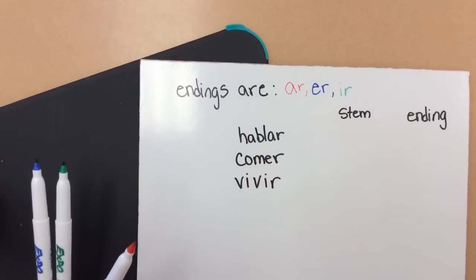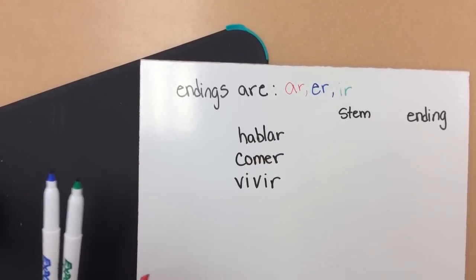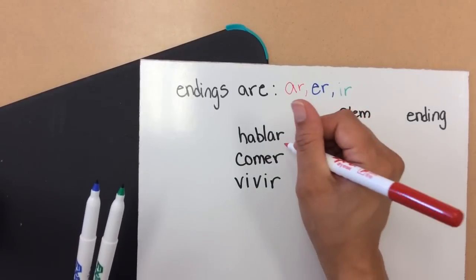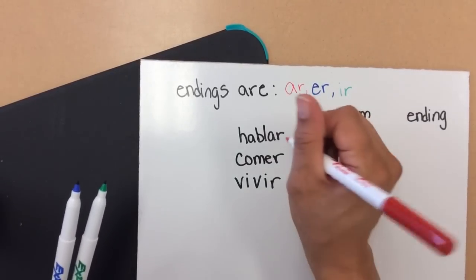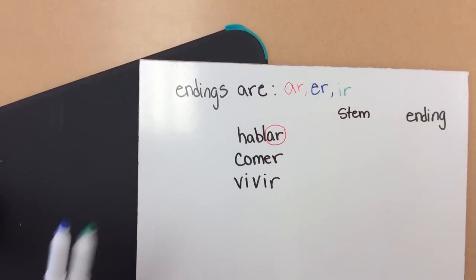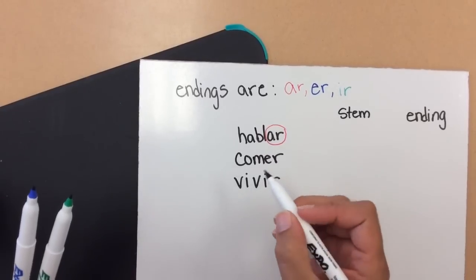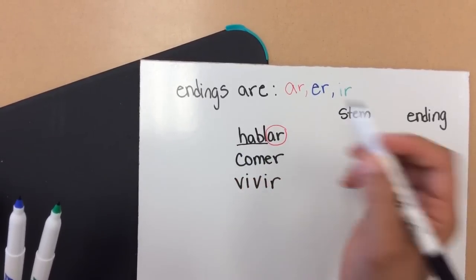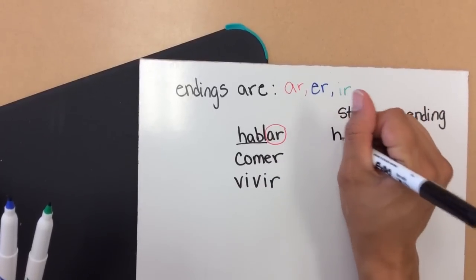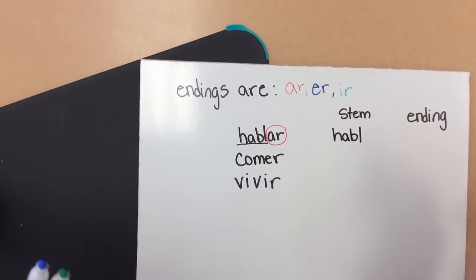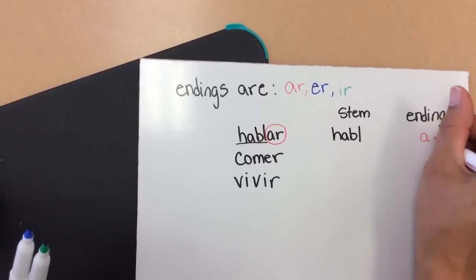Let's look at the word hablar. Remember that everything except the ending is the stem. So our ending on hablar is AR. So our stem, the beginning of the word without the AR ending, is habl. H-A-B-L. Our ending is AR.